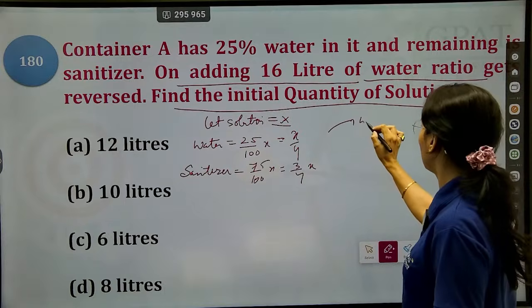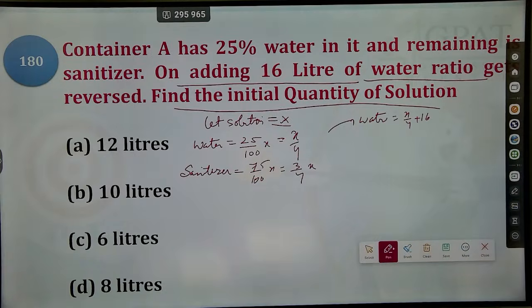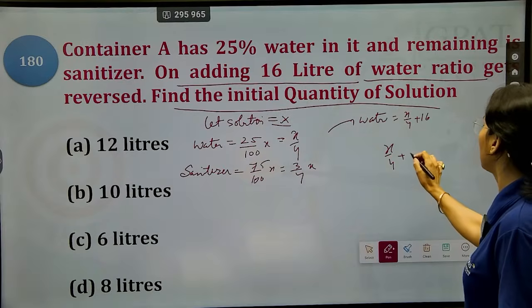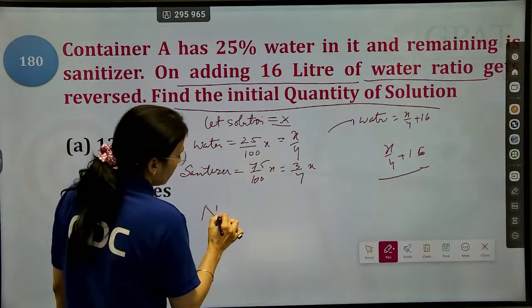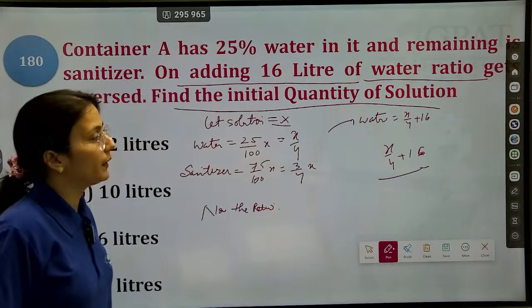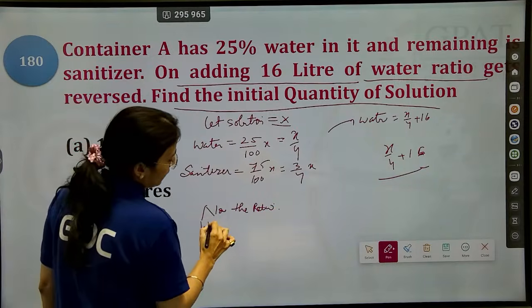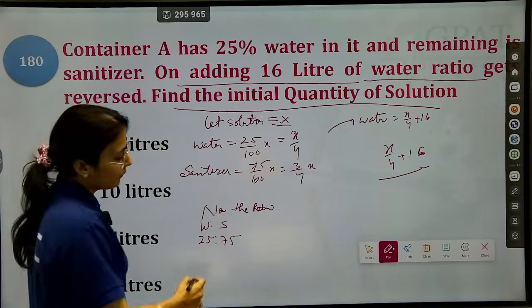So water is x upon 4 plus 16, because 16 liters of water is added, and the ratio becomes reversed. The ratio of water to sanitizer was 25 to 75, that is 1 to 3.